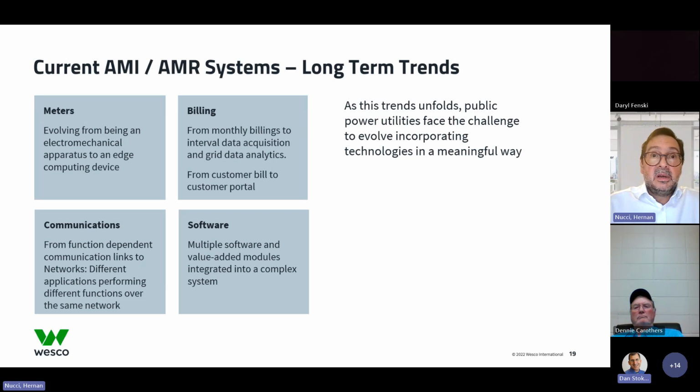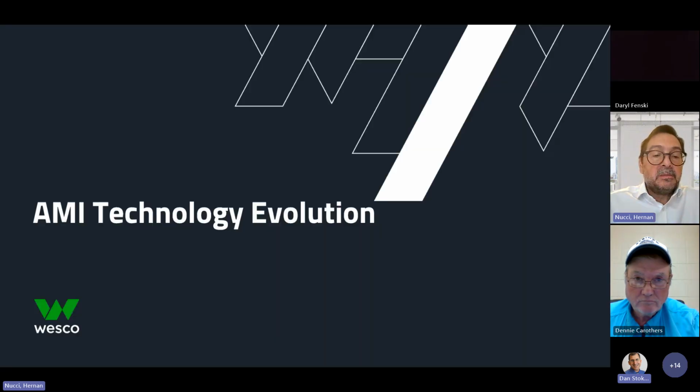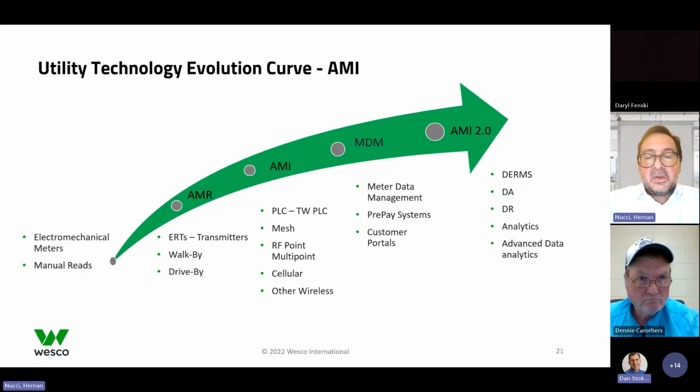So you start having what is called the enterprise bus. It's a system to integrate all that software with your hardware. So these are the long-term trends. It's something that is happening, and we need to be cognizant of that. So that is the kickstart of this section.